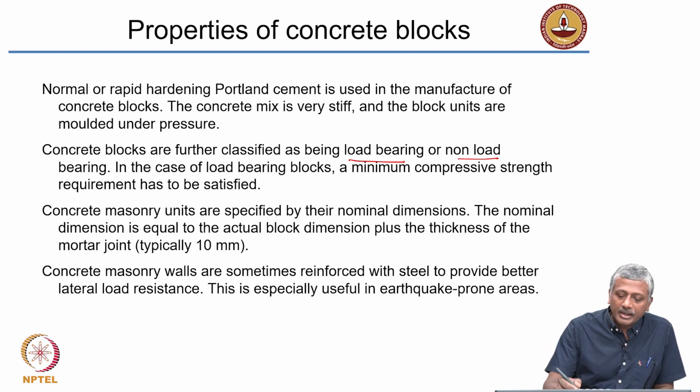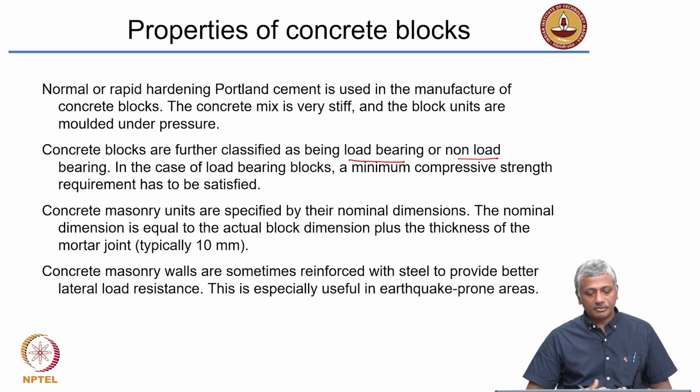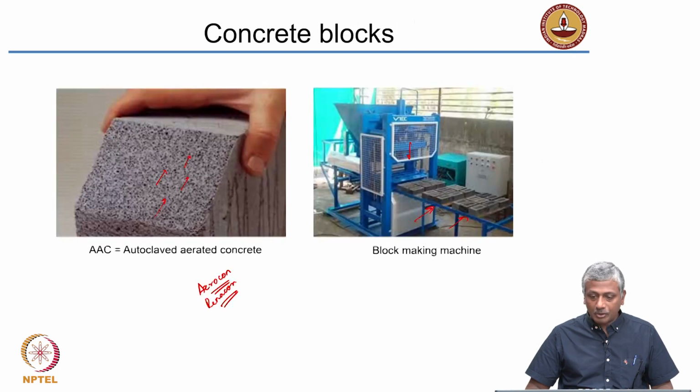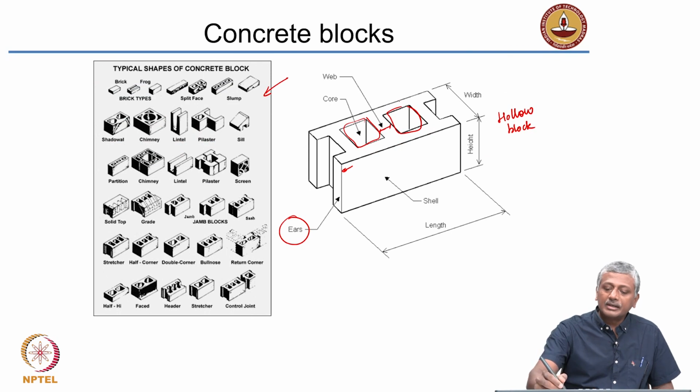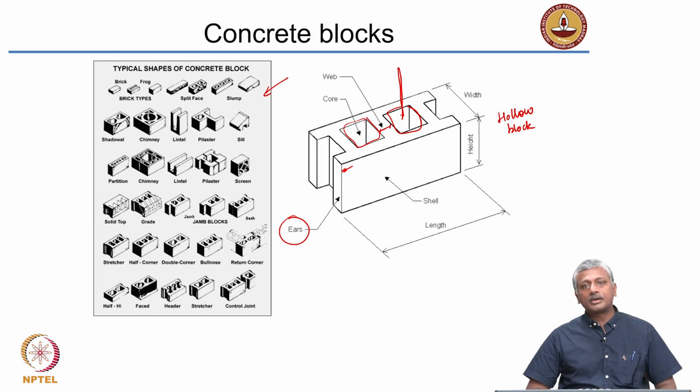Again, the nominal dimension in a concrete block is taken in a similar way as in the case of a brick, okay? And concrete masonry blocks are sometimes reinforced with steel. If you look at this hollow masonry that is shown here, it gives you an ideal location to put your steel rod inside, okay? And the steel rod inside is held in place by putting some concrete or a flowable grout into it so that it holds the bar in place, okay?